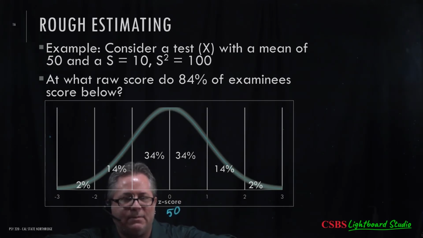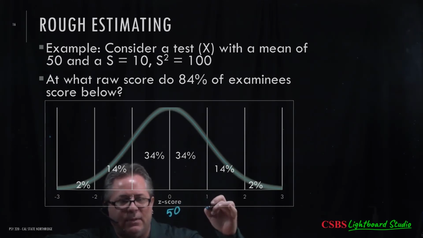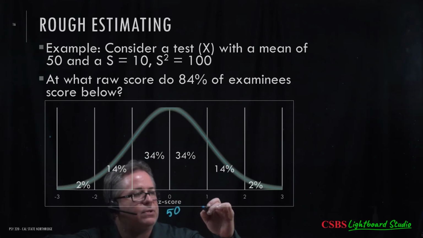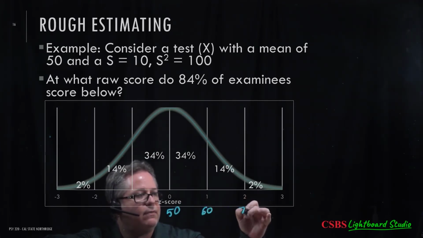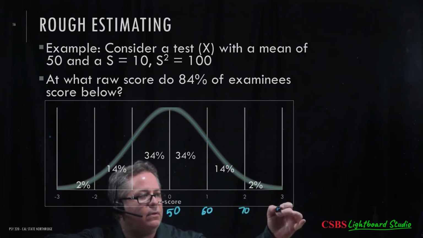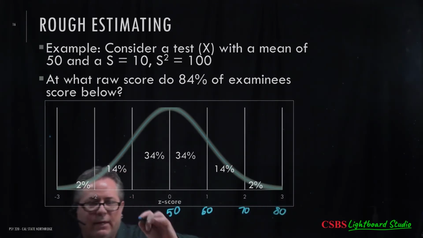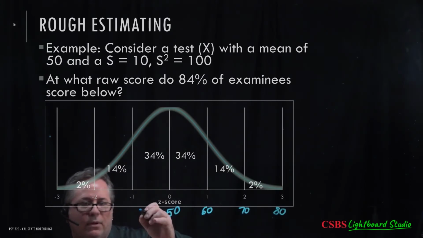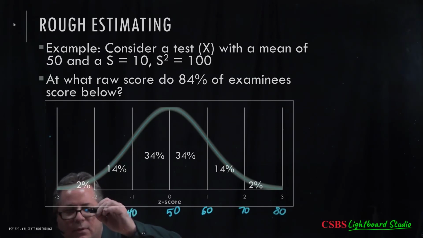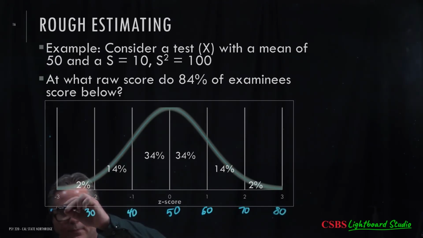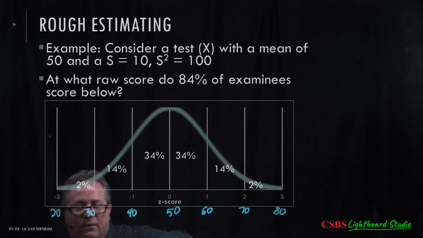Because it's moving a standard deviation of 10, right next to it, one standard deviation is 60, then 70, and way up here is 80. Going the other direction for -1, it's going to be 40, and then 30, and 20. Okay, so there's my raw scores.